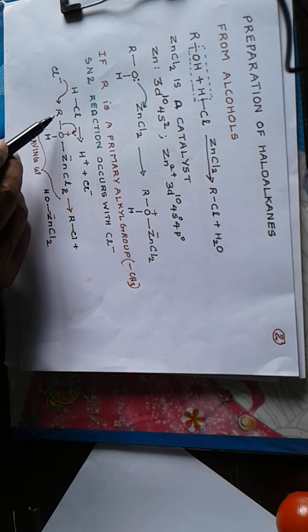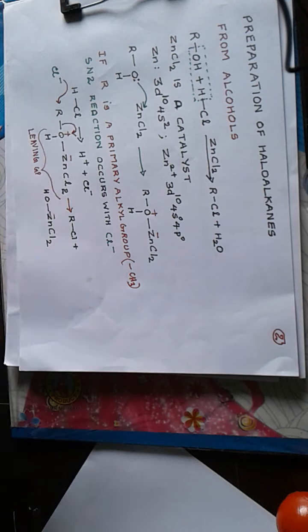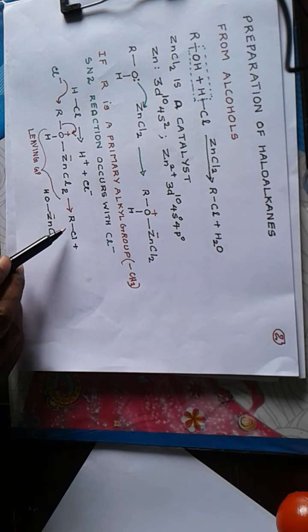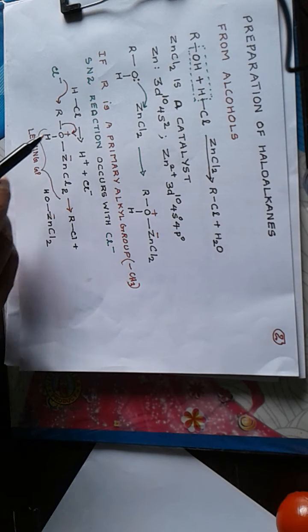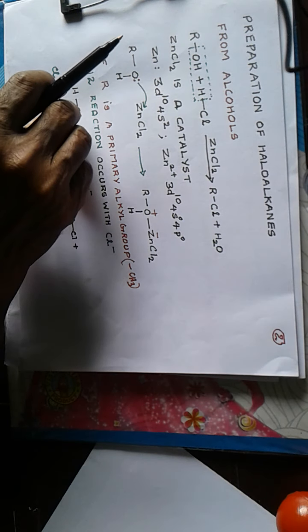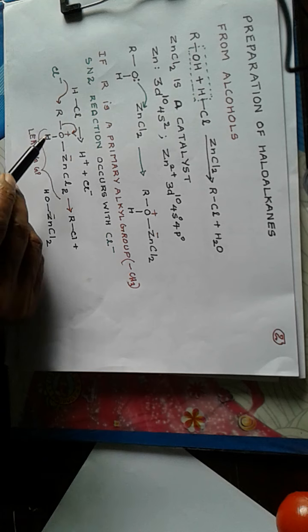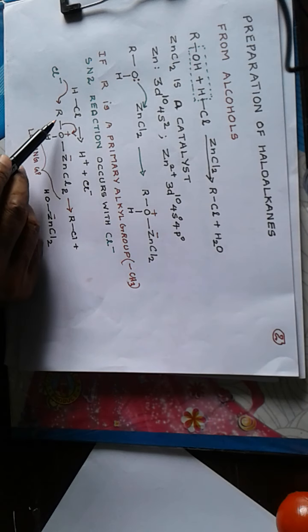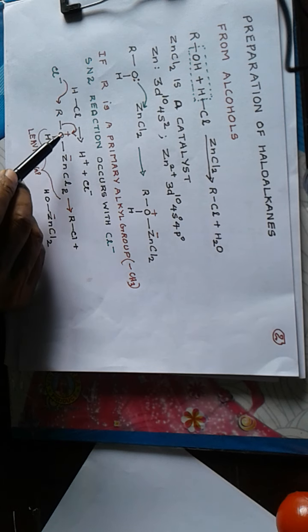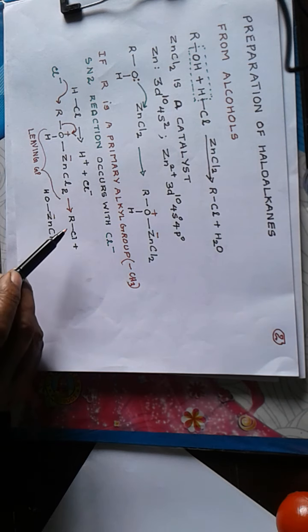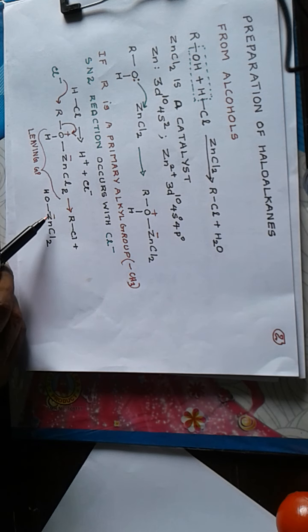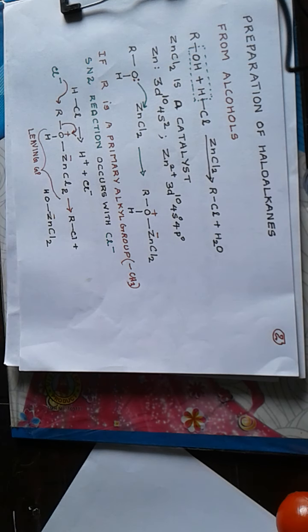Cl- attacks from the back side of the leaving group, and we get ClR, with a simultaneous shift of this pair of electrons over the positive oxygen, meaning this pair of electrons is taken up by oxygen. Then since oxygen gets the share of this R group, the positive charge over oxygen is neutralized. So we get OH-ZnCl2 with a negative charge.